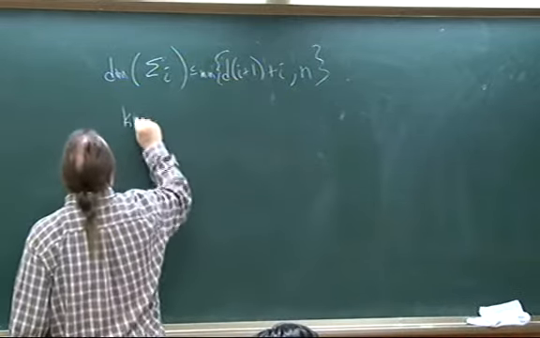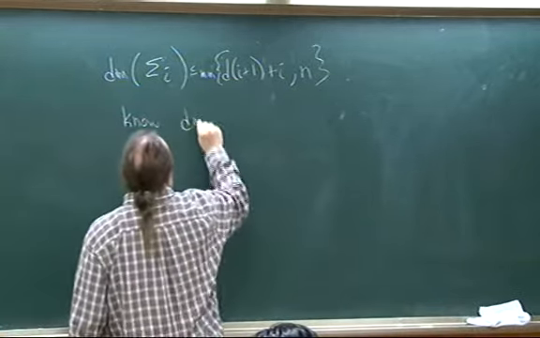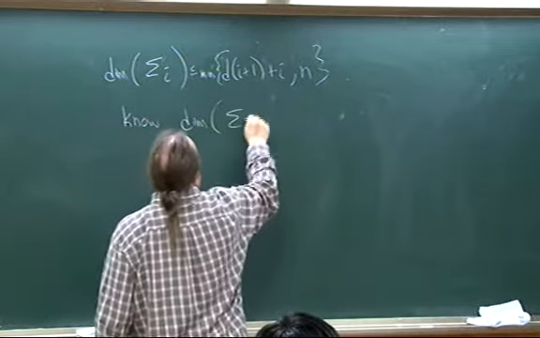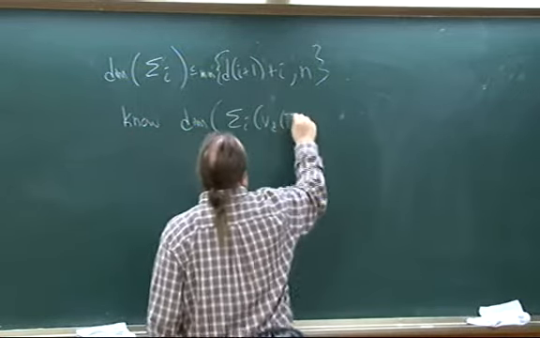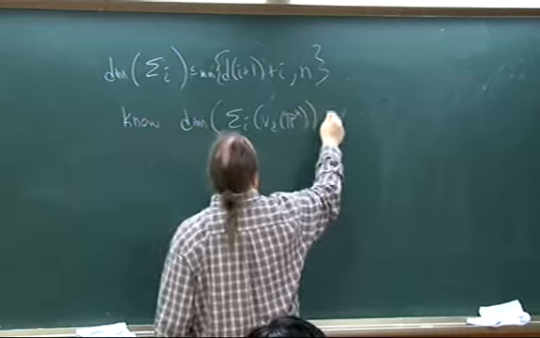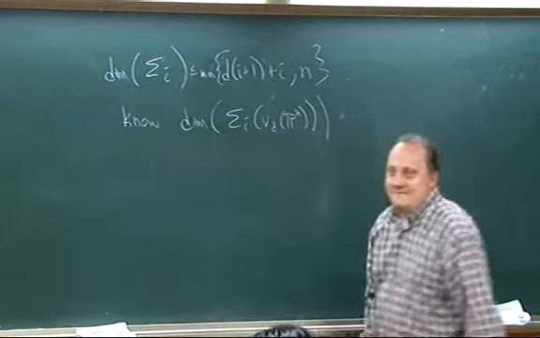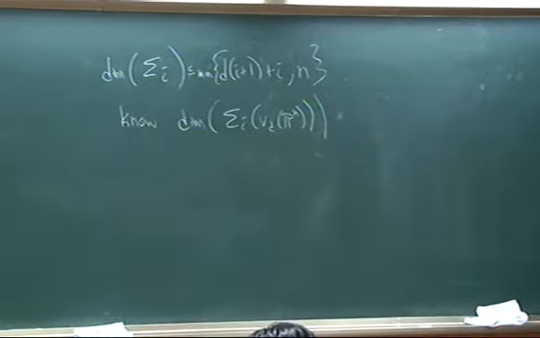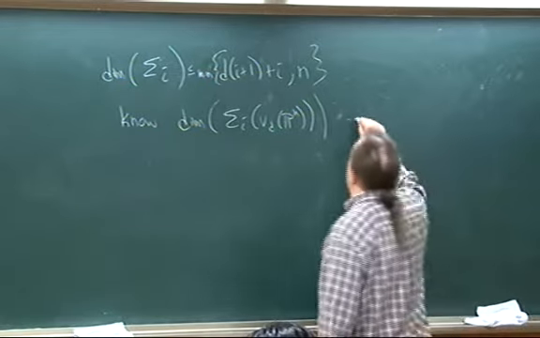And we know the dimensions of the secant varieties to Veronese embeddings to projective space. This was Alexander Hirschowitz.